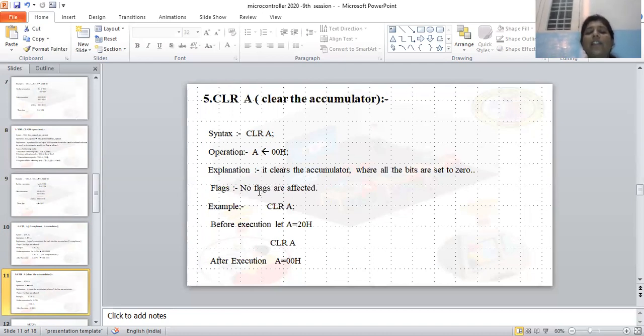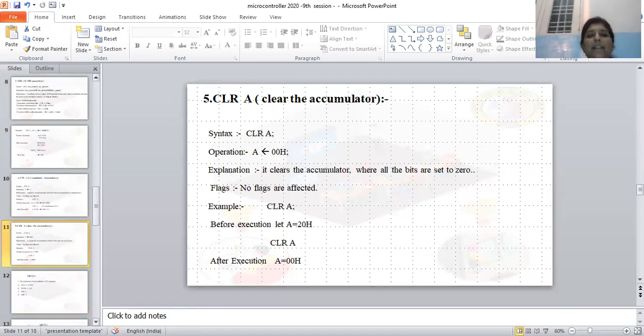No flags will be affected after the execution of the CLR instruction. Consider an example: before execution of CLR A, let A be equal to 20H. After the execution of CLR A, the accumulator will be cleared, equal to 00H. This is an example for the clear instruction.